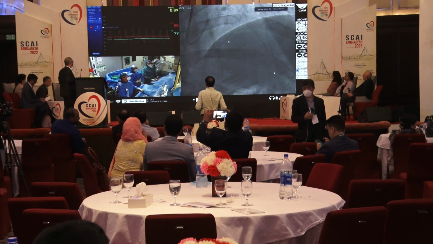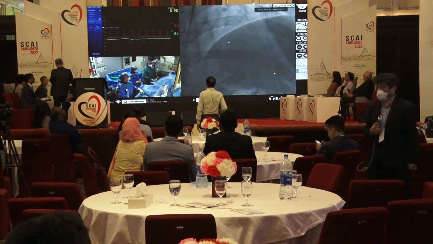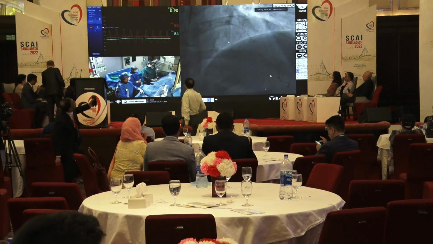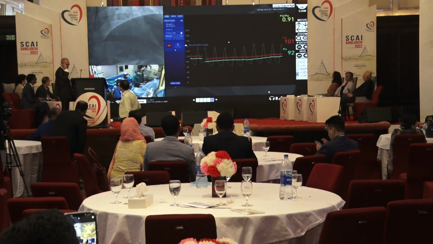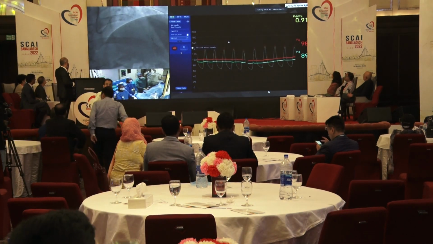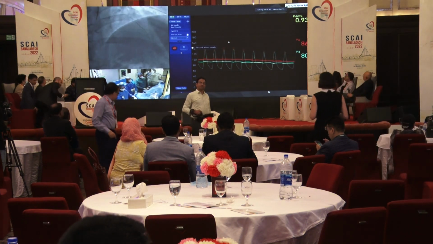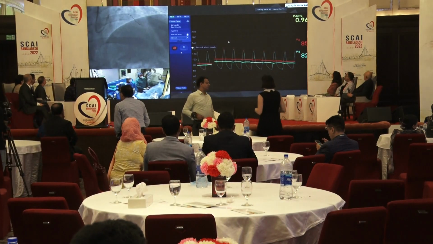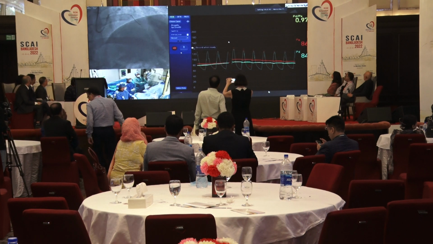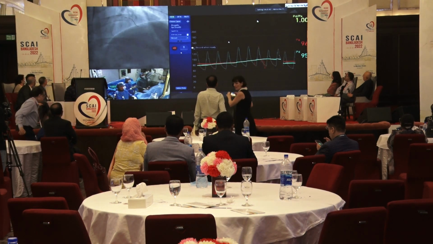Let them see the Pd/Pa. Okay, you can see here clearly the functional evaluation. It's already critical without giving adenosine. Pulling back more proximally, we go up to 94, 97, but you know, when you have distal diffuse disease, these gradients are meaningless.